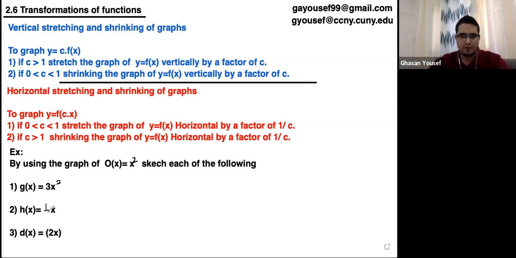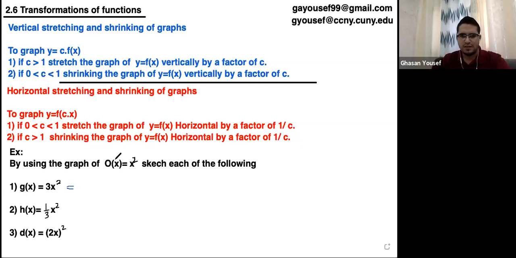And here I have 1 over 3 x squared, and here I have 2x squared. For the first one, I think I gave you the idea of how I can graph it.